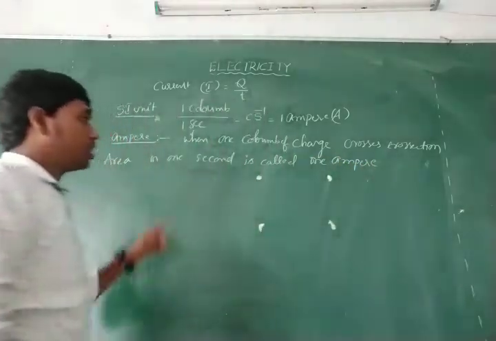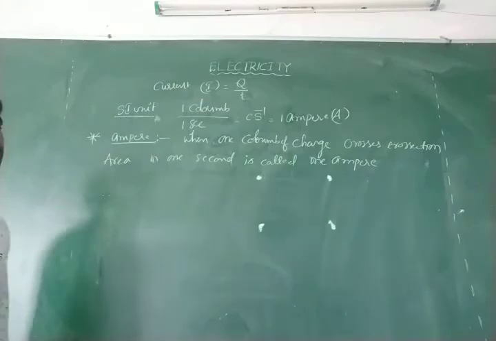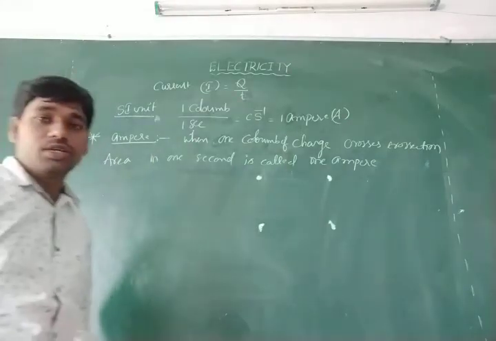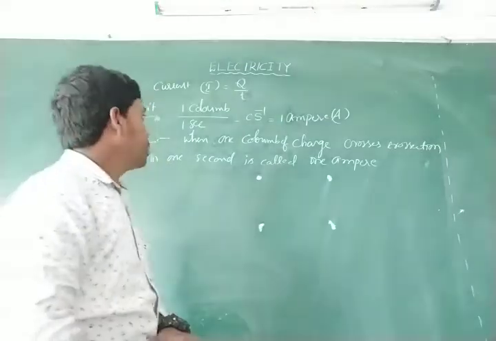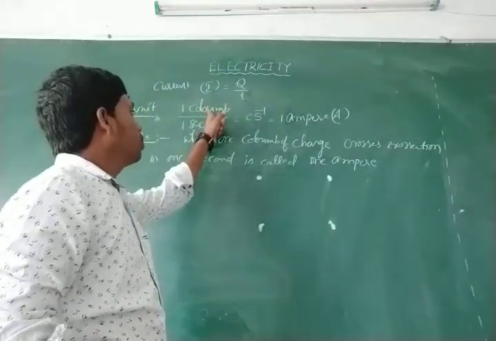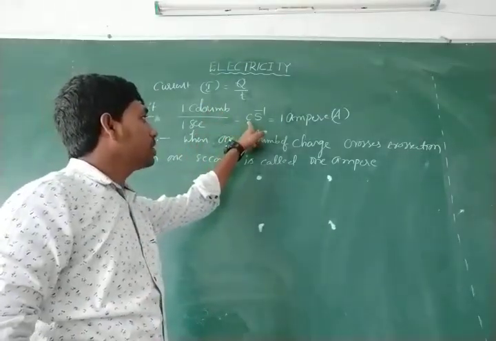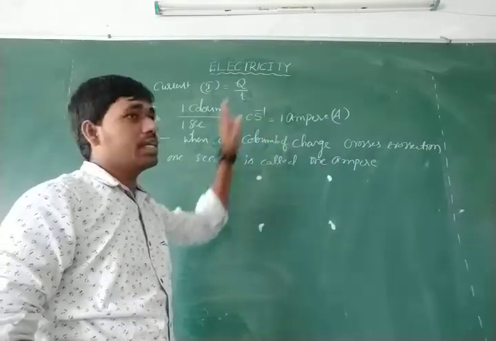So this is nothing but the SI unit of electric current. So the electric current unit is ampere. Ampere means coulomb per second, or simply coulomb second inverse.